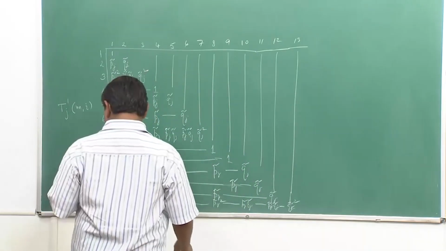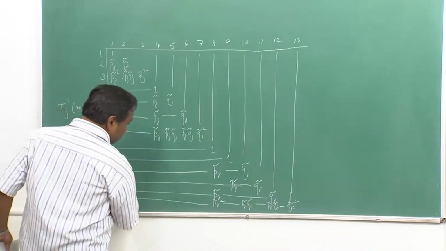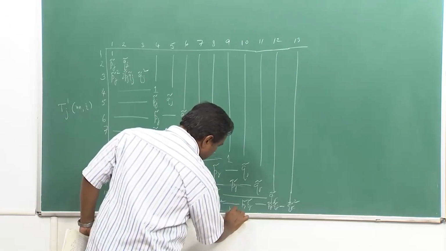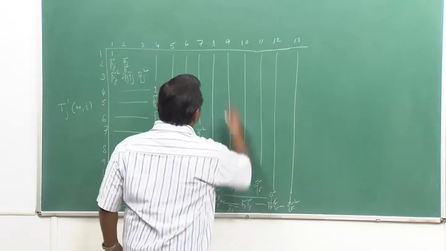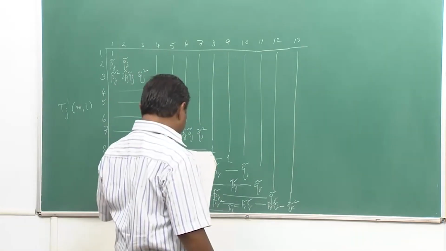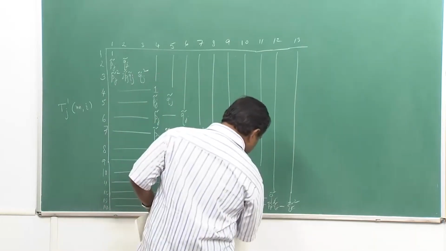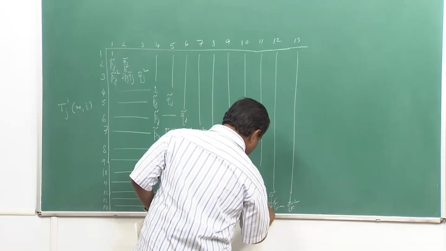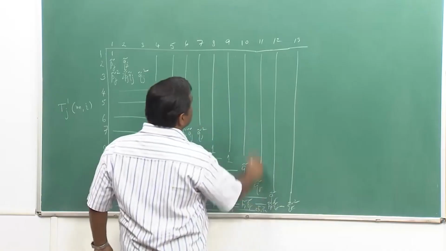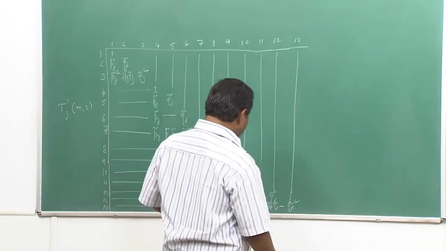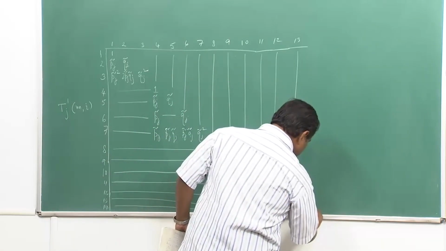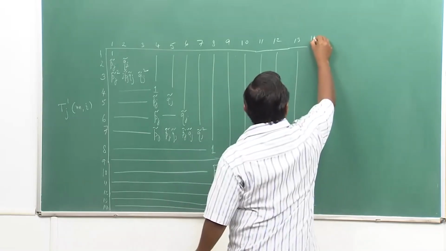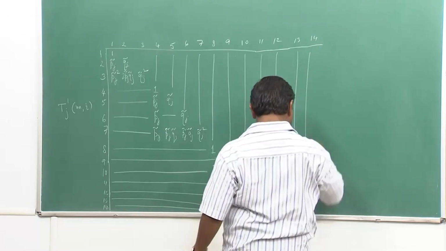For the 14th state, you will have pj tilde square, with that you go to the 9th state, or 2 pj tilde qj tilde for the 11th state, or you will end up in the 14th state itself, qj tilde square. Okay.